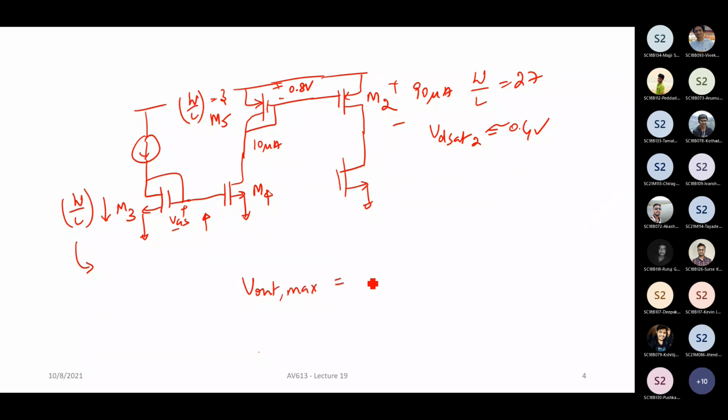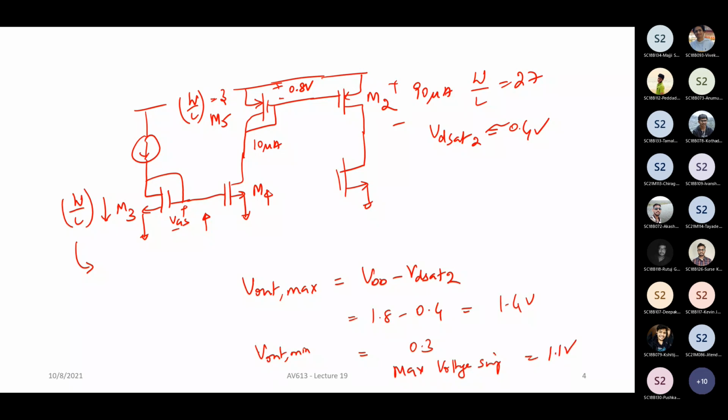Vout max becomes VDD minus VD sat 2. So if you have 0.4 here, if this is 1.8 minus 0.4, you are ending up with only 1.4 volt as Vout max. Similarly, you have Vout min. Let's say this is around 0.3. So your voltage swing is what? Max voltage swing is going to be only 1.1 volt.